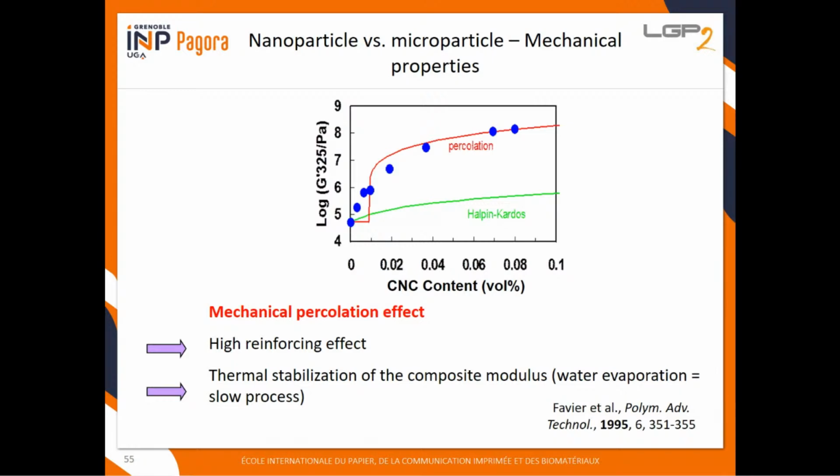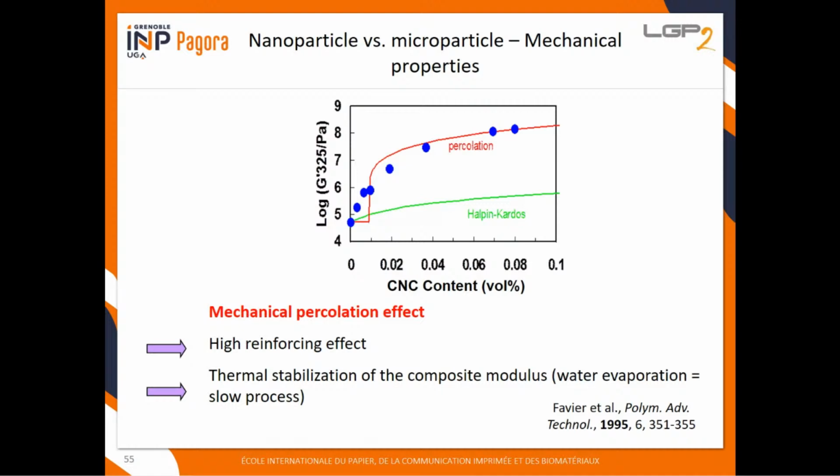So we mixed these nanoparticles with a polymeric matrix. First, it was a copolymer of styrene and butyl acrylate. And it was quite easy because this material is available in the form of a latex, an aqueous dispersion of polymer. So we just have to mix the two aqueous dispersions, evaporate water, and then we can determine the mechanical properties of the film.